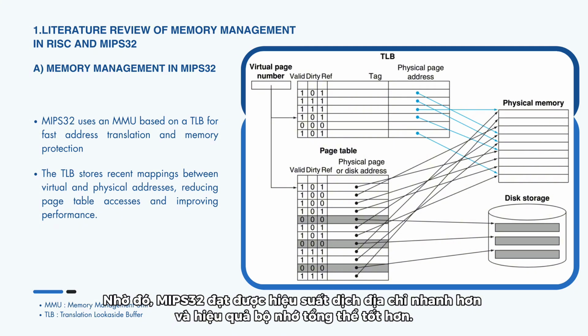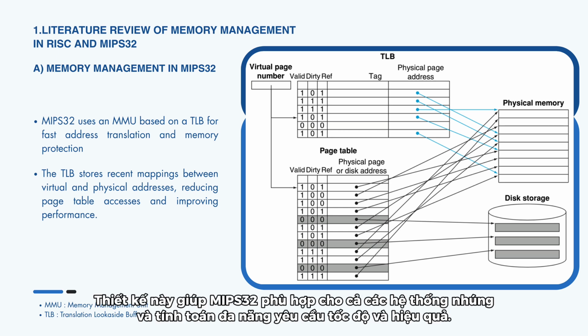As a result, MIPS32 achieves faster address translation and better overall memory performance. This design makes MIPS32 well suited for both embedded systems and general purpose computing that rely on speed and efficiency.